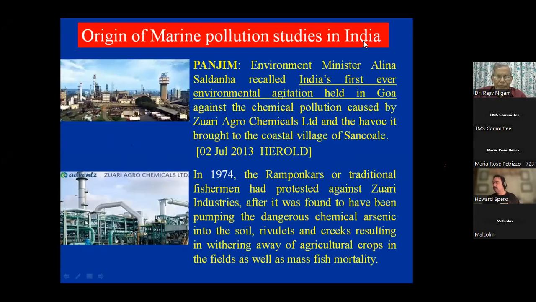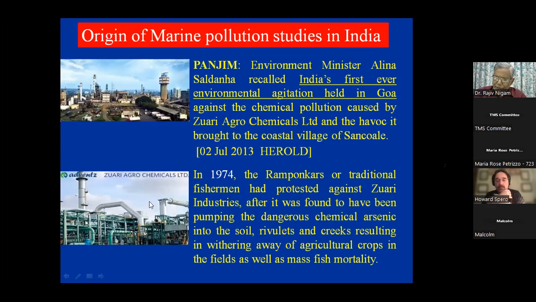The origin of marine pollution studies in India started in 1974, when Zuari Agro Industries was established in Goa. Soon after the establishment of the industry, the Rampon caste, the traditional fishermen, started protesting because they believed that this factory was discharging effluent rich in arsenic, which was killing their fishes.